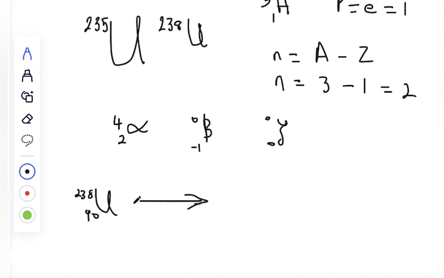This can undergo an alpha decay to produce a daughter nucleus. In this case, it will produce thorium plus an alpha particle. We're going to balance it up.